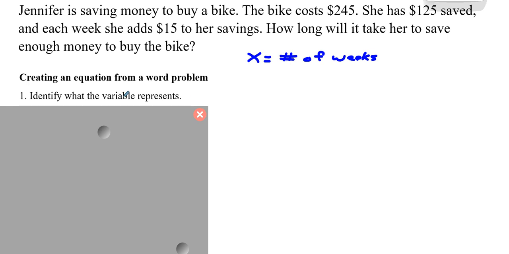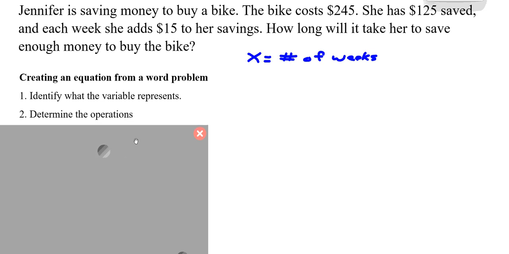So we know what the variable represents, and I really do think that will help focus our thinking in this process. Next up, what are the operations? As we read through here, what are we going to do? Are we going to add, subtract, multiply, divide? Well, if we look at this, I see right here, each week she adds $15.